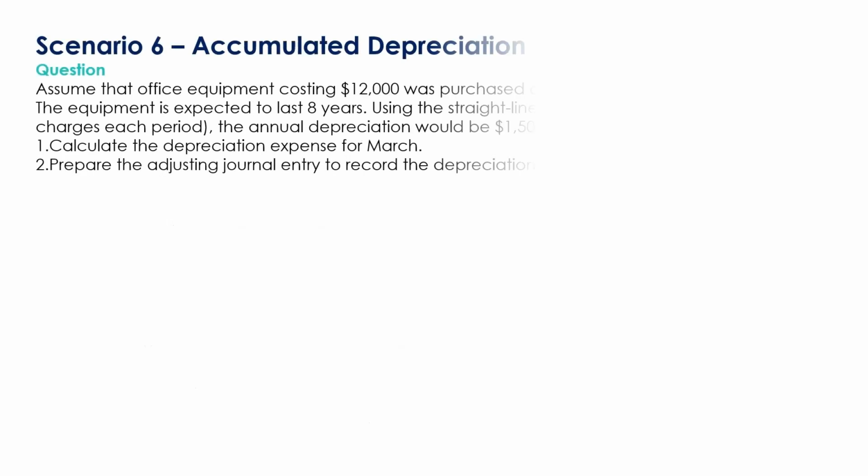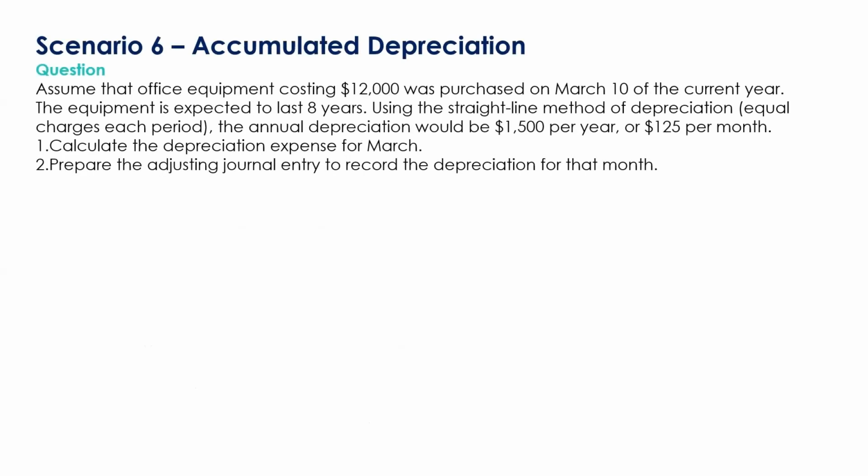Let's work through our final scenario together. The company purchased office equipment on March 10th for $12,000. This equipment is expected to last 8 years. Using the straightforward method, we first divide the cost of the asset by its useful life to determine the yearly depreciation. $12,000 divided by 8 years equals $1,500 per year.